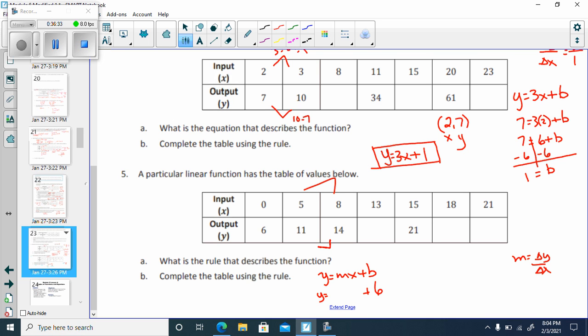Our change in y is 14 minus 11, which is 3. Our change in x is 8 minus 5, which is 3. y is equal to, 3 over 3, which is 1, just 1x plus 6. Okay. There you go. That's that equation.